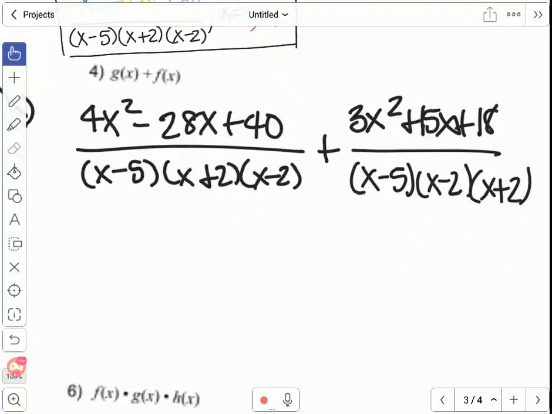So this time I am adding, I'm trying to combine these things together, but that's pretty simple when it comes to addition because all I'm doing is just adding my like terms together.